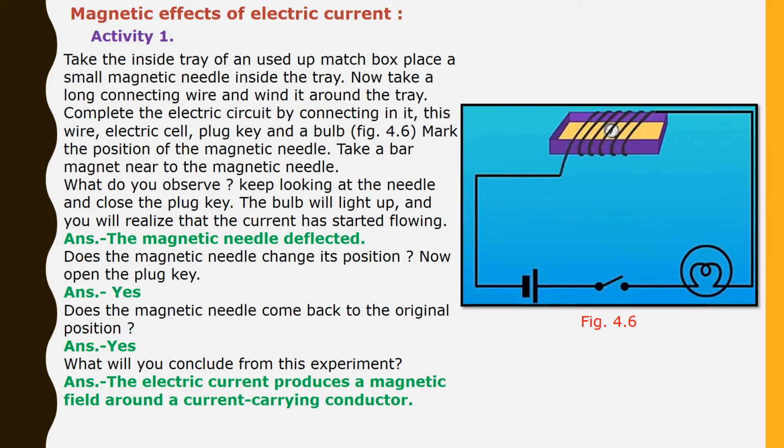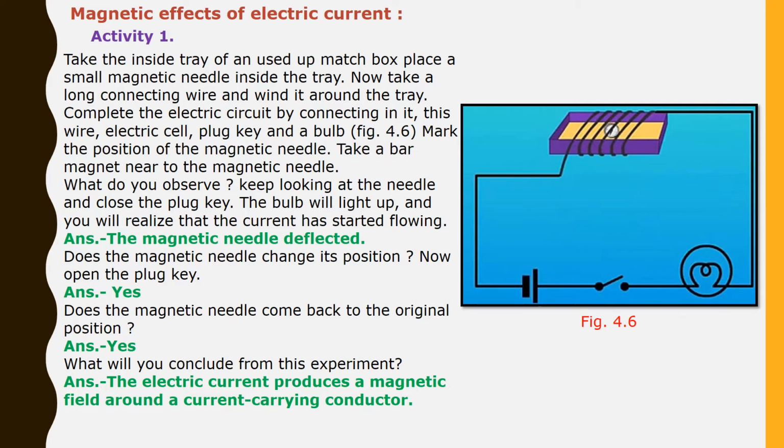Now let us see, children, magnetic effects of electric current. For that, we have to see this one activity. You have to take the inside tray of a matchbox and place a small magnetic needle inside this tray. Now take a long connecting wire and wind it around the tray.